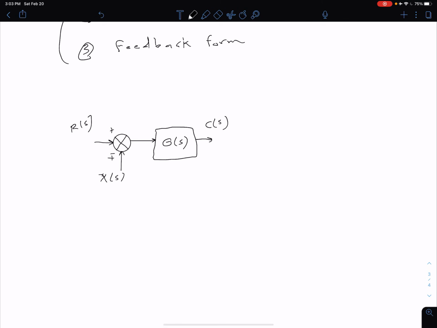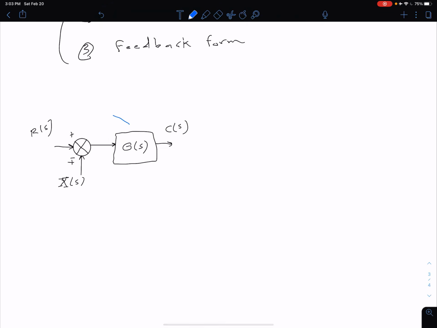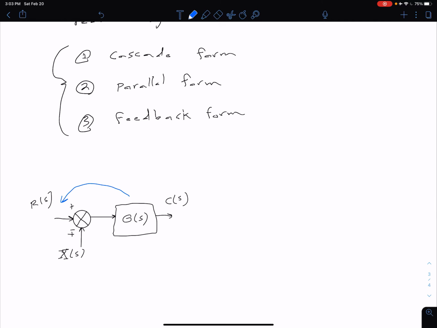Let me make this capital X since we're in the frequency domain. Let's say we want to move this G of S over to the other side, because maybe we need to get it out of there so we can get it into one of these forms, or maybe on the R of S or the X of S side we need it to be in one of these three forms.